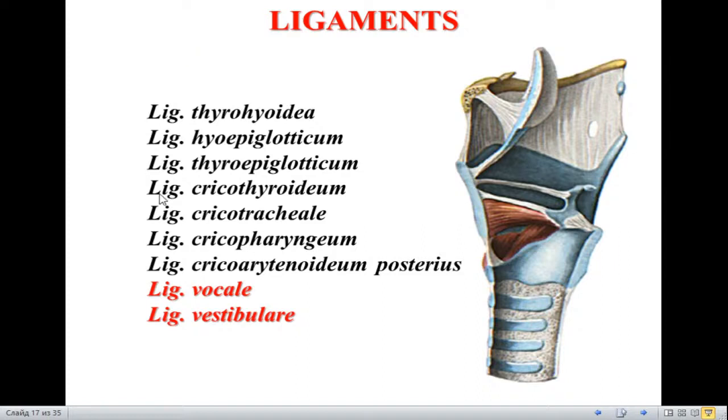So these ligaments connect the larynx with the nearby located structures, and the proper ligaments of the larynx are the ligamentum vocale and ligamentum vestibulare. These ligaments perform the main functions for sound production.